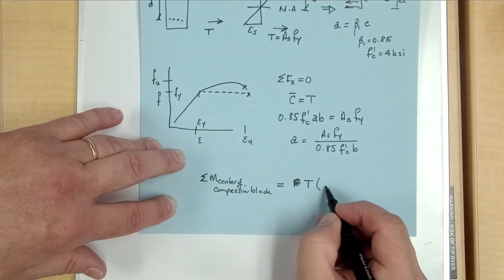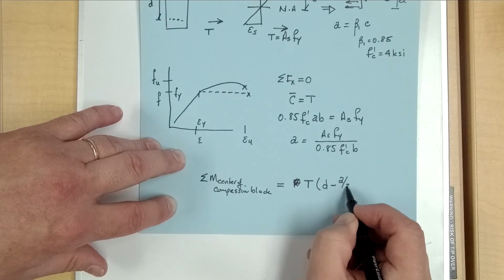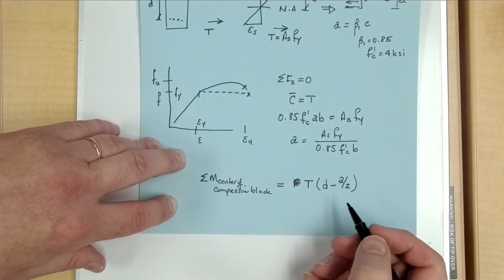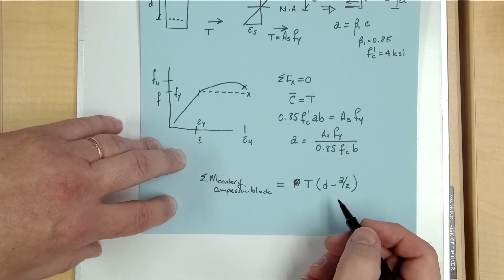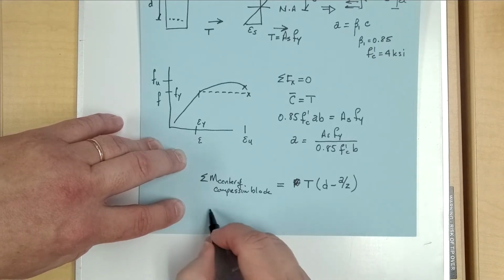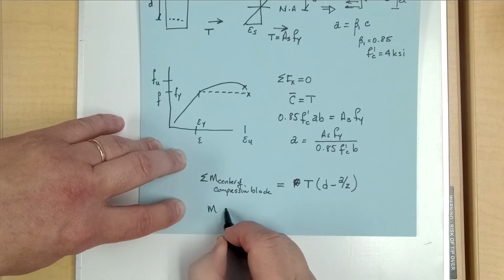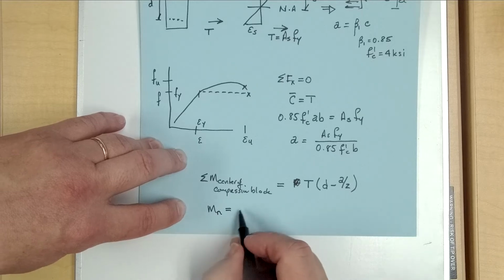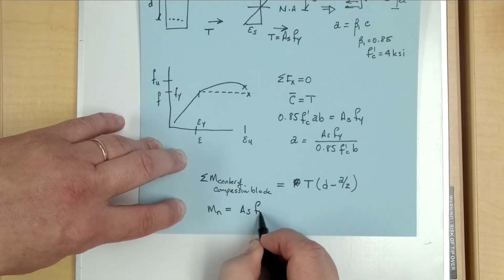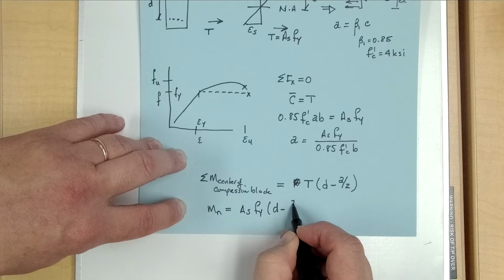And it acts at a lever arm of d minus a over 2. We know the tension force is A sub s F sub y, and so our external moment, our nominal moment, is equal to A sub s F sub y (d minus a over 2).